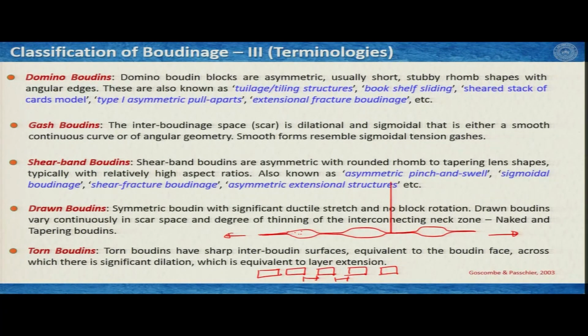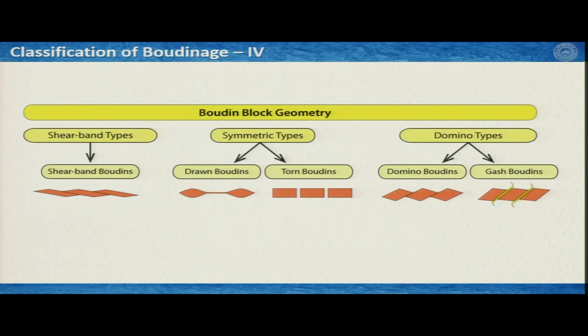Now, for strain measurements, torn Boudins are much better than drawn Boudins. We have learned the strain measurements from Boudins, but now you can figure out the torn Boudins because their layer extension is equivalent to the dilation. So, these are much more useful for strain measurement.